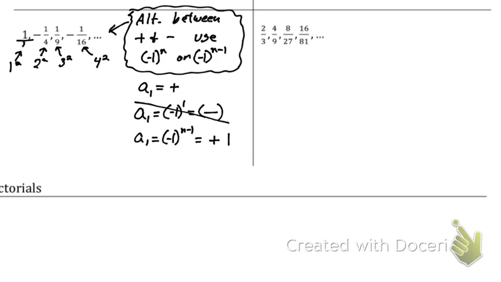That would be a positive 1. That's the one you want for this equation. So we know for a fact we want a sub n equals -1 to the n minus 1 out front, so I can tackle that positive and negative. And then we're just going to multiply that by 1 over whatever my n is squared.